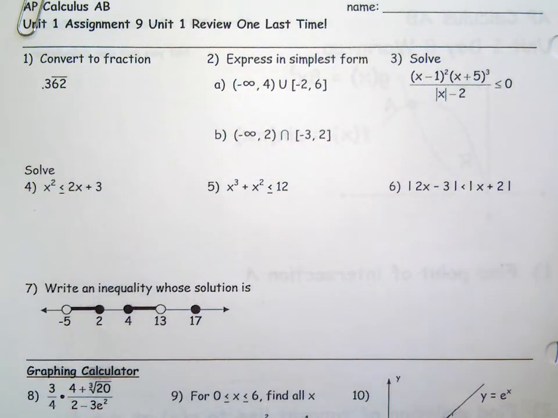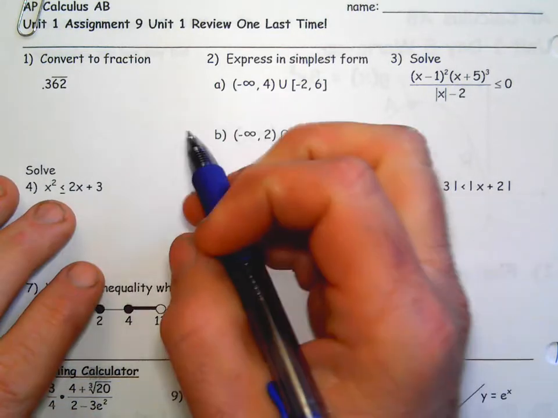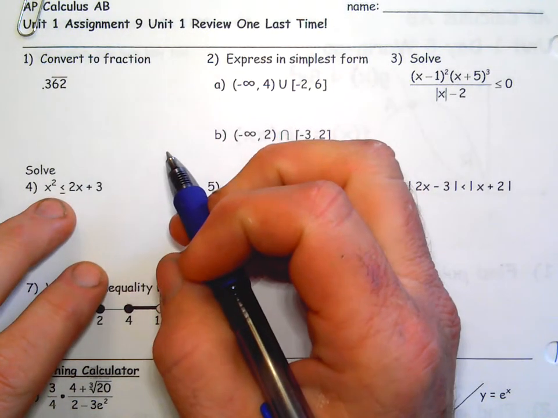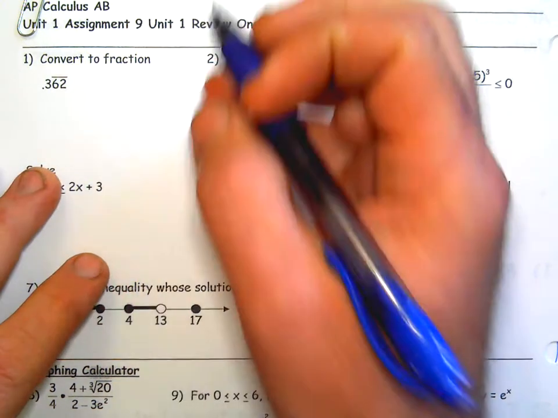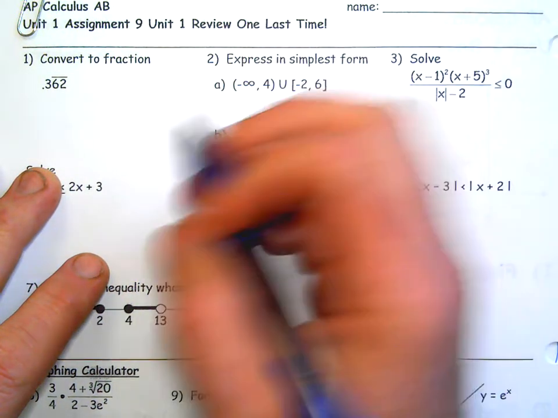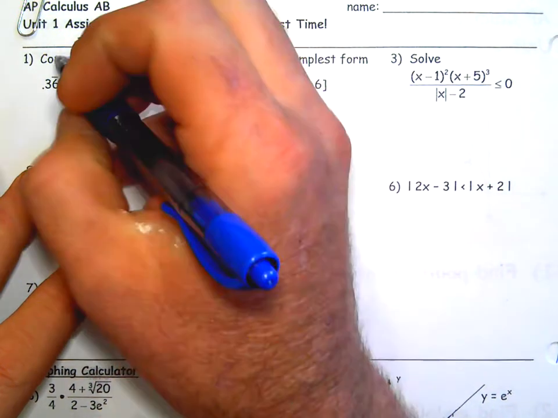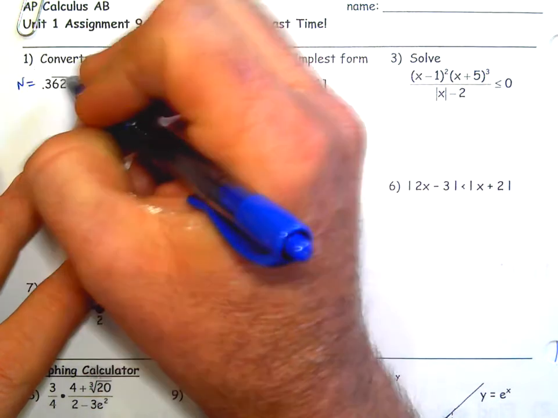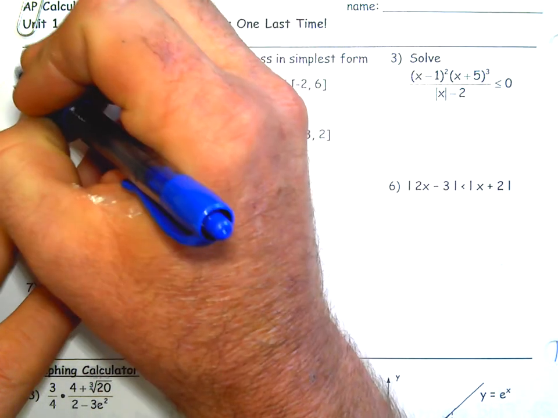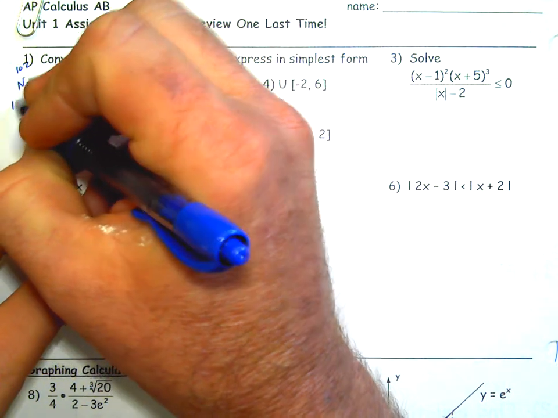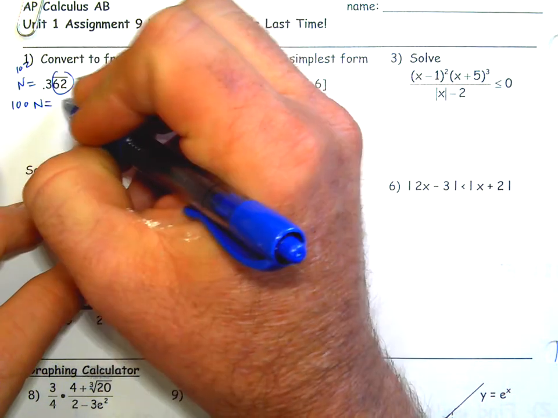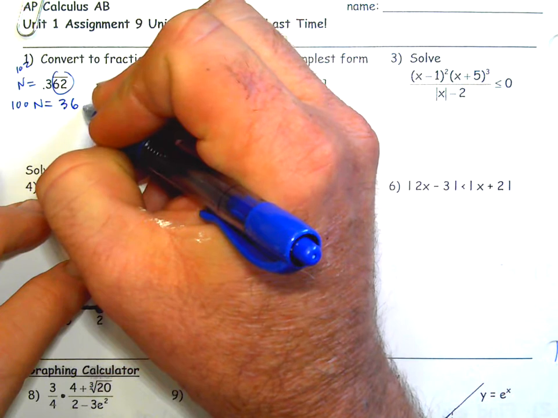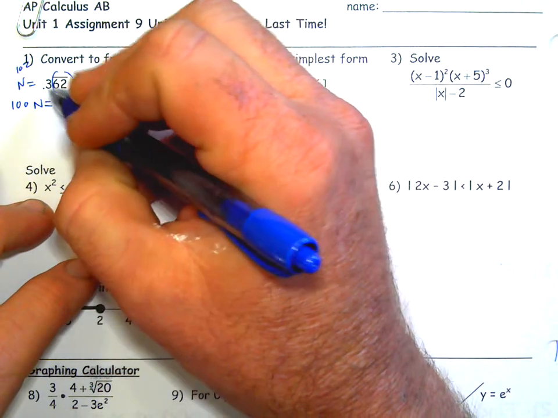So these first ones are converting repeating decimals into fractions, rational numbers, a ratio of integers. So this is where we say n equals, there's two repeat numbers, so we're going to multiply both sides by 10 squared, so it's going to be 100n equals, now it's going to move the decimal place over 2 spots, right?